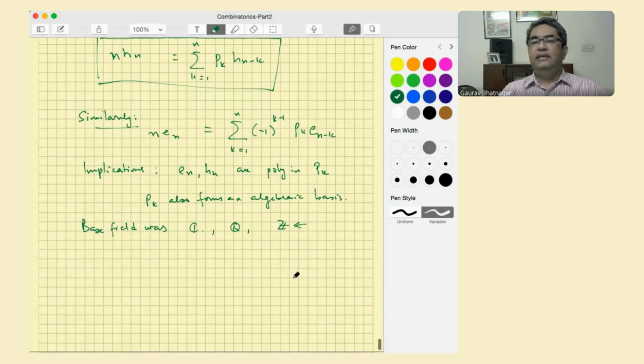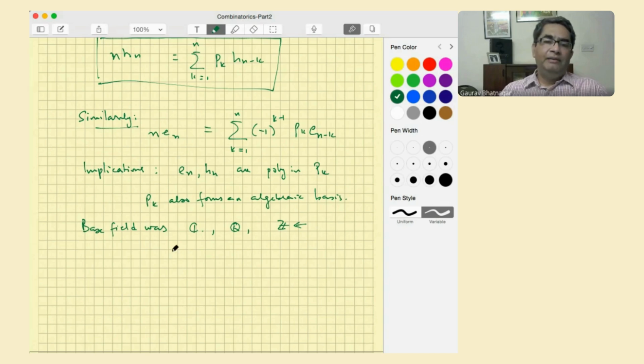We just take Z. So what our previous results showed was that the elementary symmetric functions and the homogeneous symmetric functions are a basis over Z. Z meaning it's a module, it's a ring. So integral coefficients. You can write anything as a polynomial with integral coefficients, but because there's an n here, you have to have Q when it comes to p.